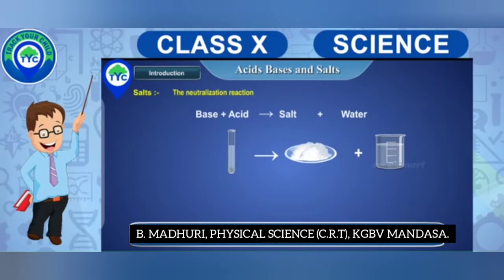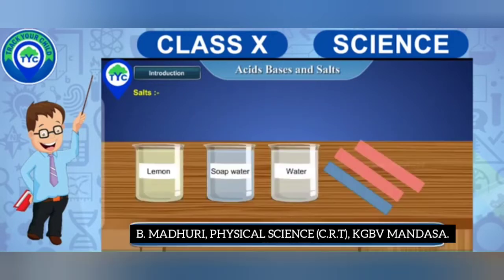Acids are sour to taste and turn blue litmus to red. Bases are soapy to touch and turn red litmus to blue. There are many natural materials like litmus.